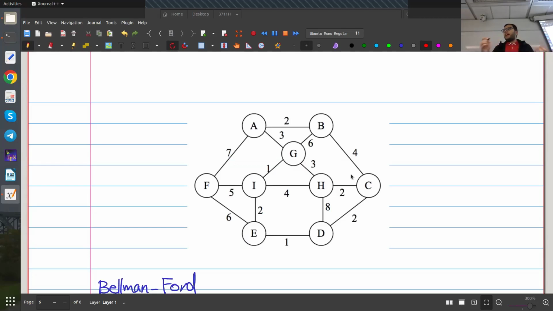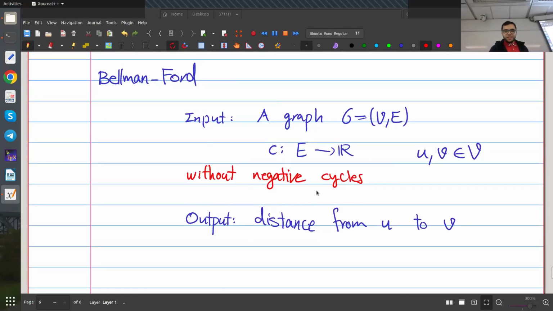Because if I have a path that takes more than n steps, by the pigeonhole principle, it's going to visit some of the vertices more than once. There's going to be a vertex that is visited twice in my path. So my path has a cycle in it, and I can just remove that cycle from it, and all of my cycles are non-negative, so it gives me a shorter path. Okay. So generally speaking, this is always true for almost all of the graph problems that we look at.